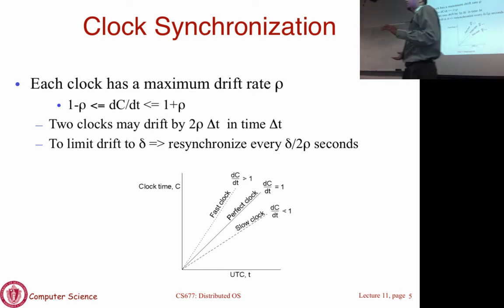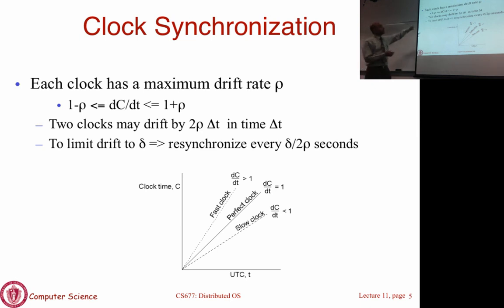So it is not going to have an exact drift rate. So the drift rate itself may change. But let's say the maximum rate is rho. So this is like saying this clock, regardless of what the environmental conditions are, will lose no more than 1 second every day. That's the amount by which it will drift. So you can pick whatever value it is for whatever clock you're trying to figure out.